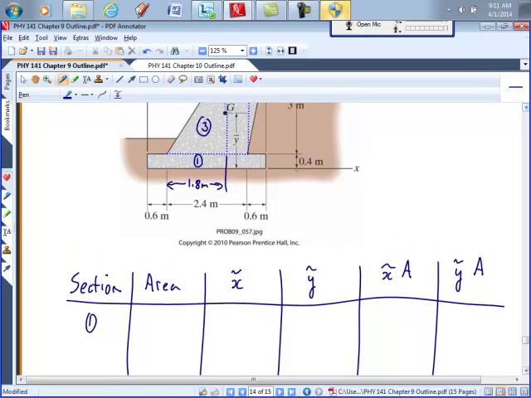Section 1 has an area that's 0.4 times 3.6, I get for the total 1.44 meters squared.